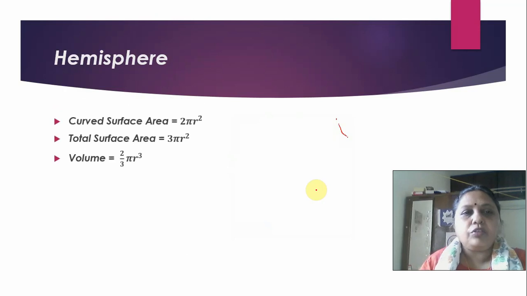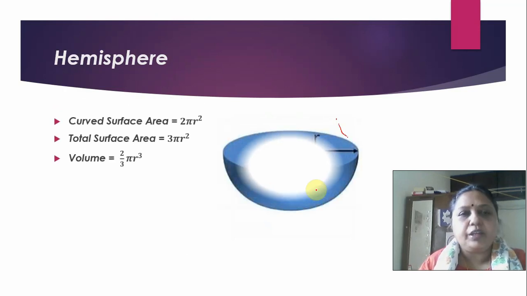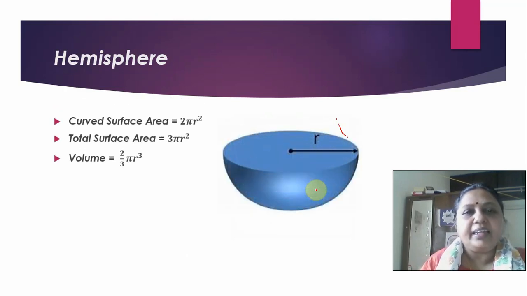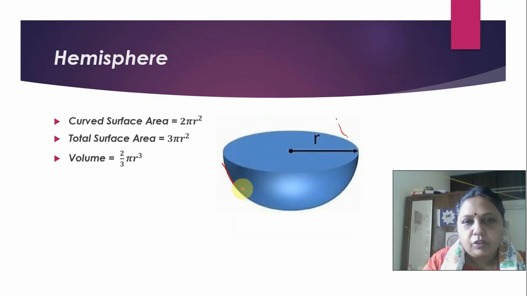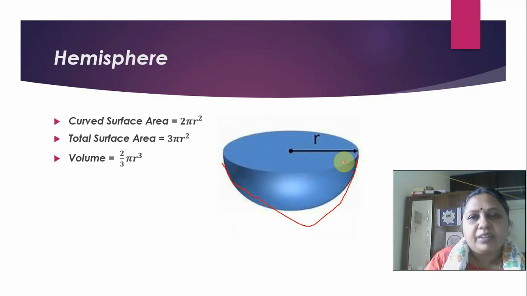Now, let us go to the next one, which is a hemisphere. In this hemisphere, the curved surface area is given by the formula 2 pi r squared. So the curved surface of this full area is 2 pi r squared, whereas the total surface area will include the top circular region.